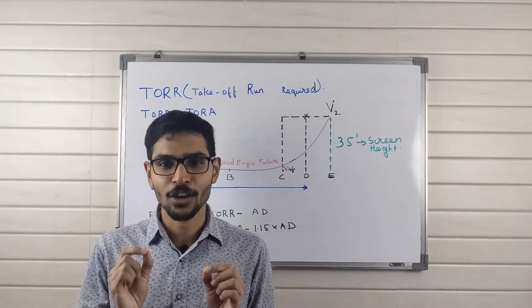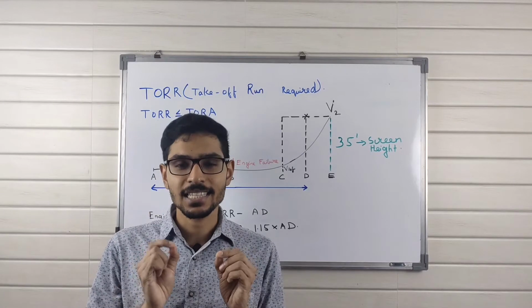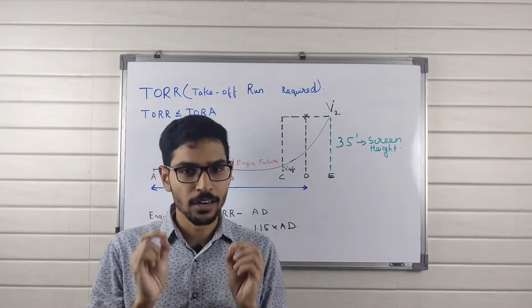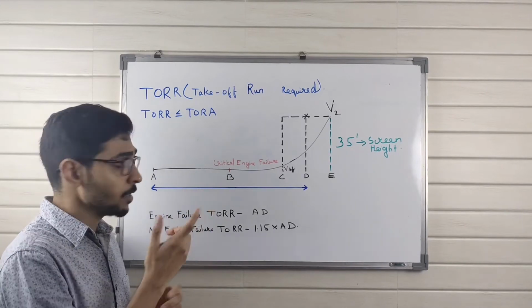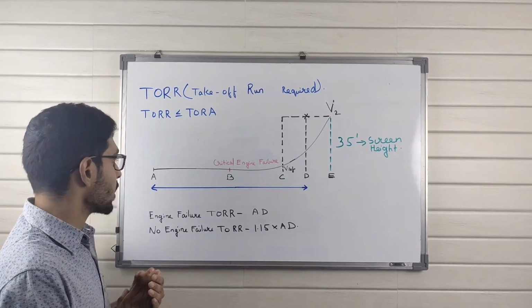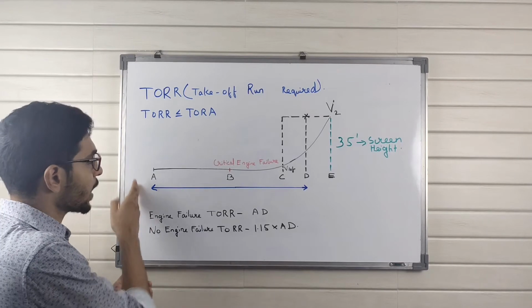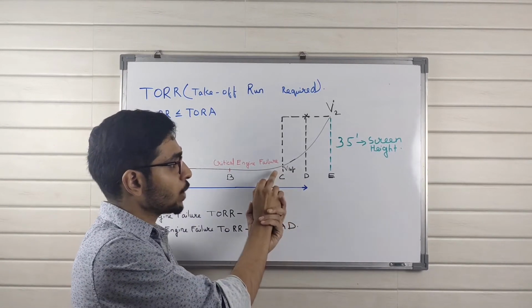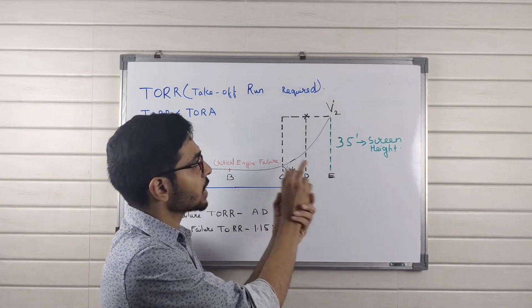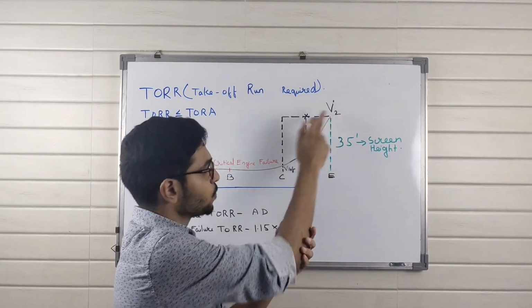So next is takeoff run required. It is less than or equal to takeoff run available. In case there is a critical engine failure, your takeoff run required is from the start of the takeoff run till the midpoint between the point of liftoff and the screen height at speed V2.